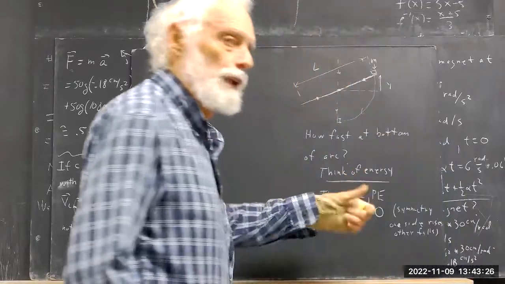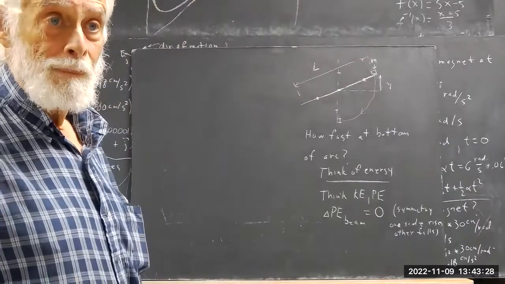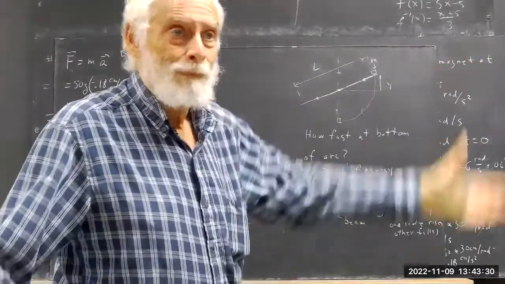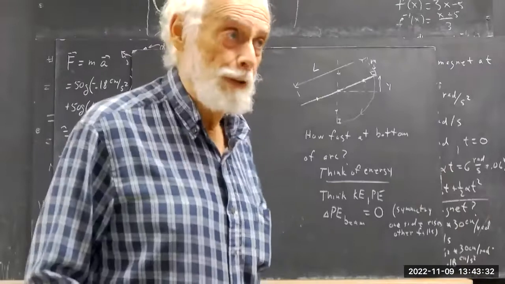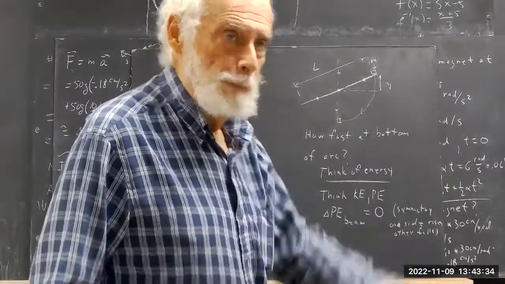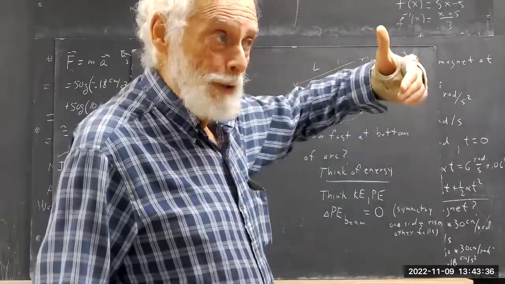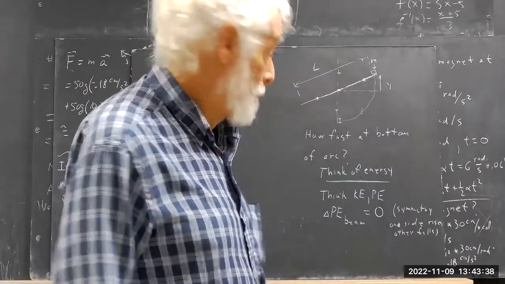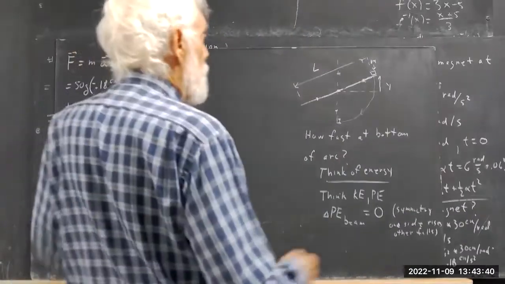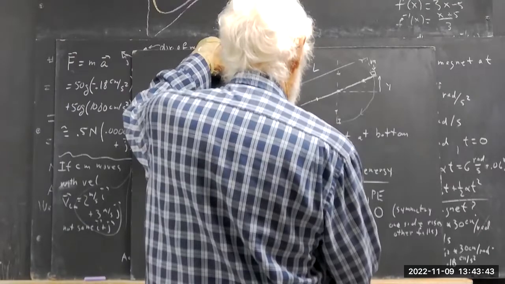Just write that down. One side rises, the other side falls. If it's a uniform beam, then there's no net change in potential energy. But one loses by falling, the other gains by rising. So what that leaves us is still the potential energy of the mass.